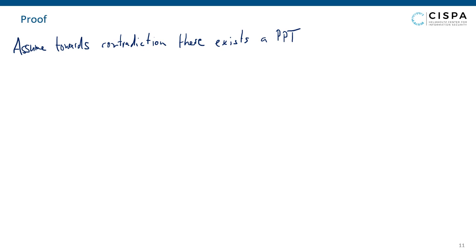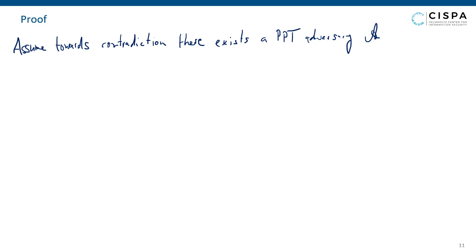As always, assume towards contradiction that there is a PPT adversary A, which breaks the IND-CPA security of the Elgamal encryption scheme with non-negligible advantage epsilon.